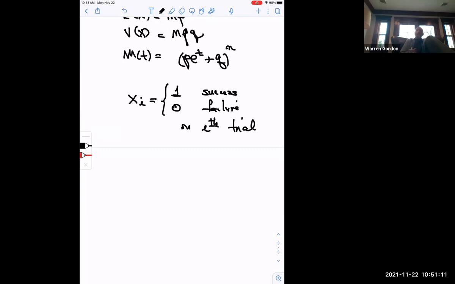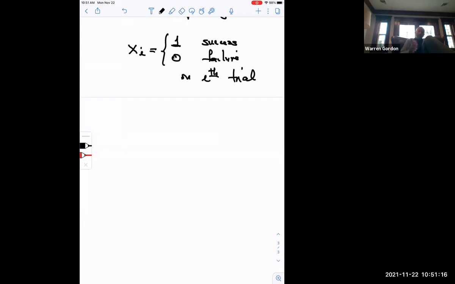I just want to show you I can get all this information again very, very simply. Then, if X is the total number of successes, I can write X as the sum of these indicator random variables. We've already shown that for any indicator random variable, E of X sub i is 1 times p plus 0 times q, which is p.